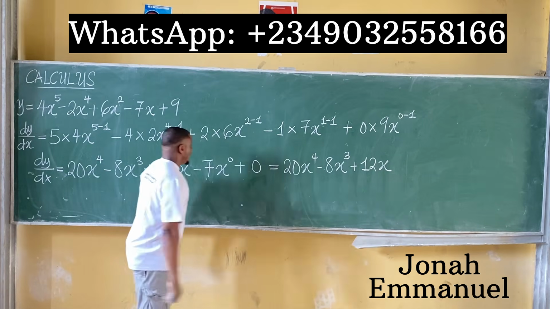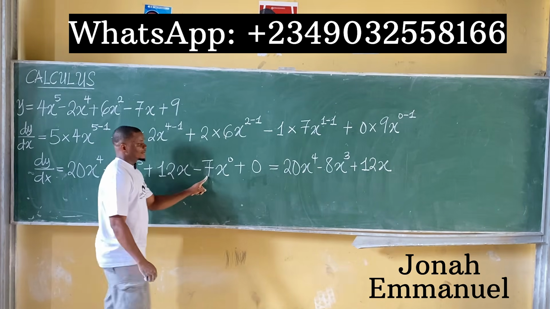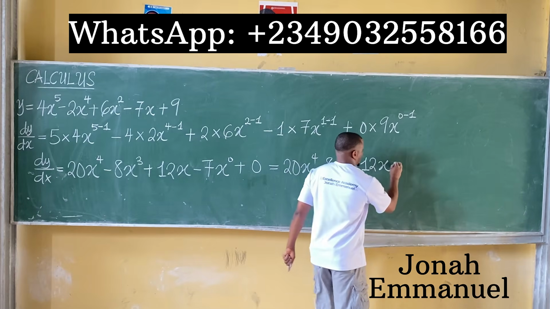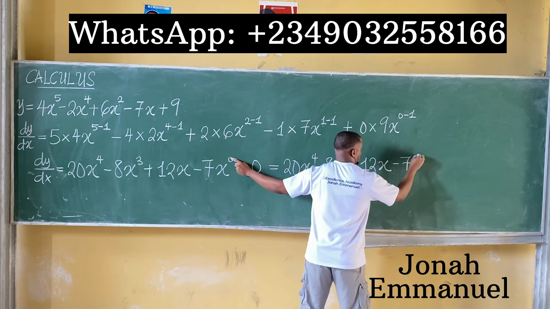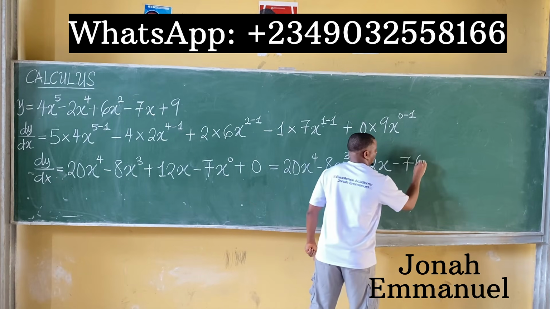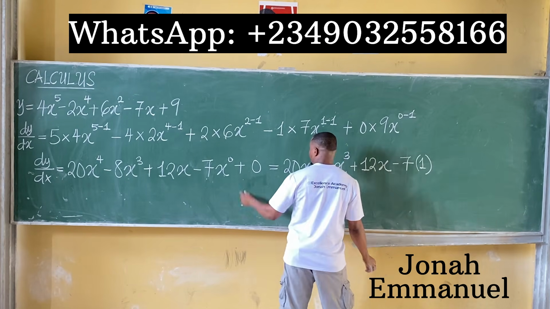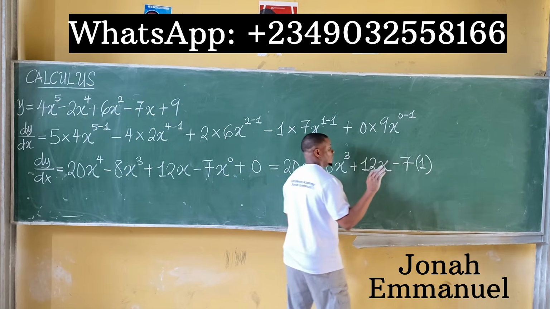Next up, you have minus 7. x to the power 0 gives you what there? 1. So x to the power 0 gives you 1, by the zeroth law of indices. So you have plus 0. You can take it off.